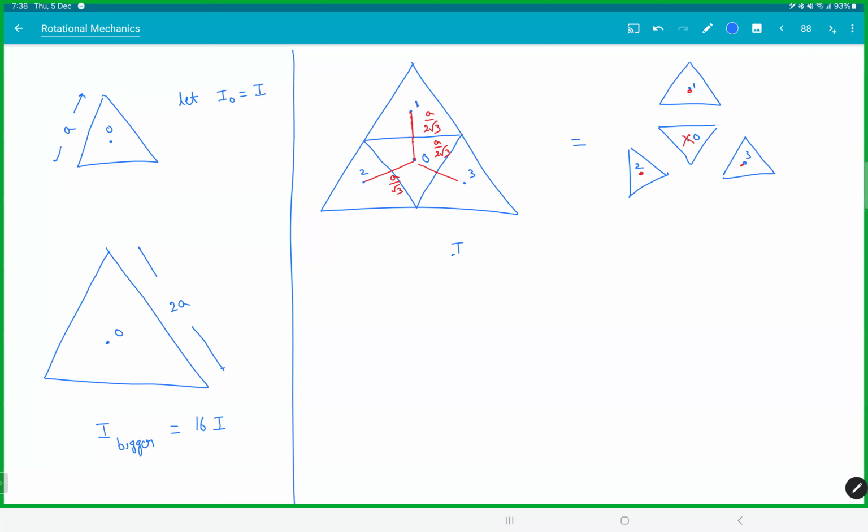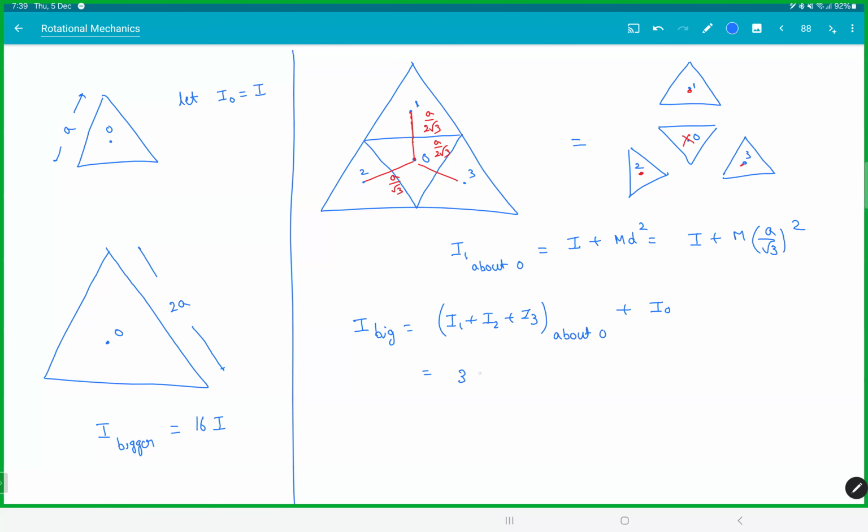So the moment of inertia of the first triangle about O will be I, which I don't know, plus by the parallel axis theorem m d square, which is I plus m into (a by root 3) square. So I of this big plate will be I1 plus I2 plus I3, all three equal about O, plus I_O, because the central one is about the same point.